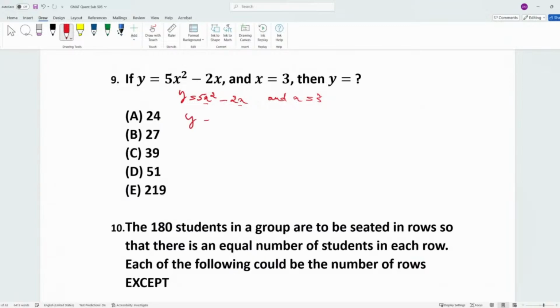So y is going to be equal to 5 times 3 to the power 2 minus 2 times 3. Then 3 to the power 2 is equal to 9, minus 6. And here 5 times 9 is equal to 45, minus 6. And then here y is equal to 39. So the answer is 39.